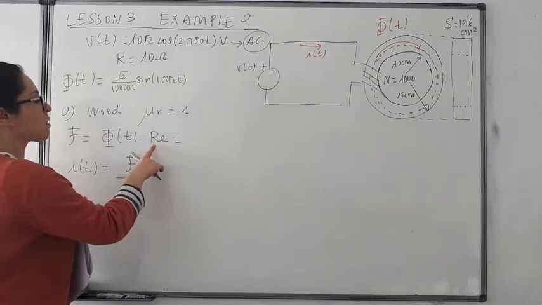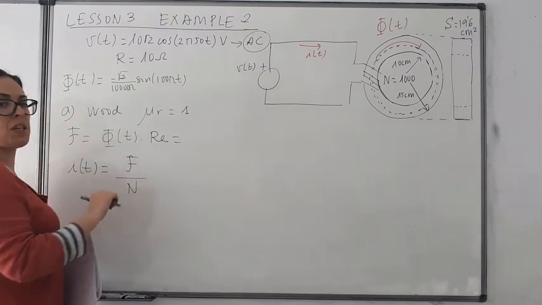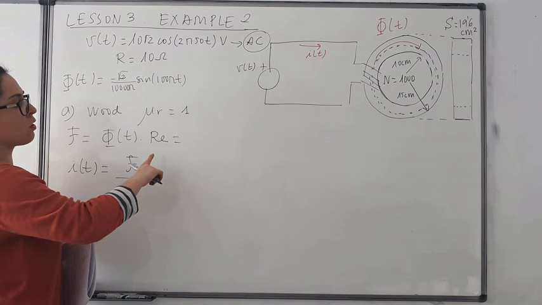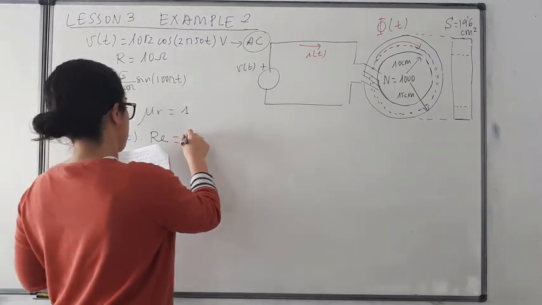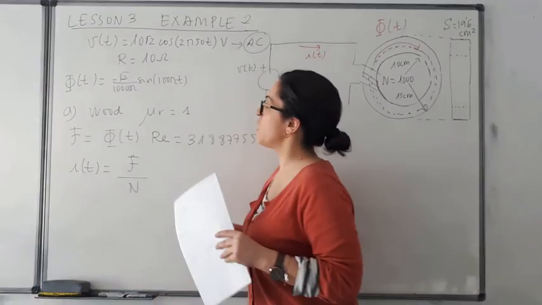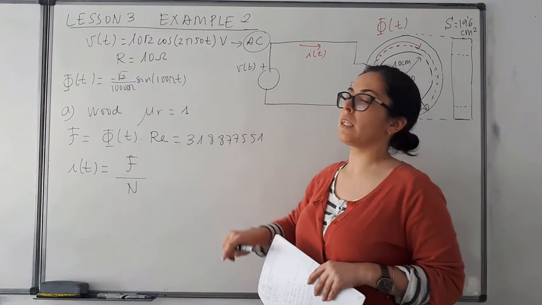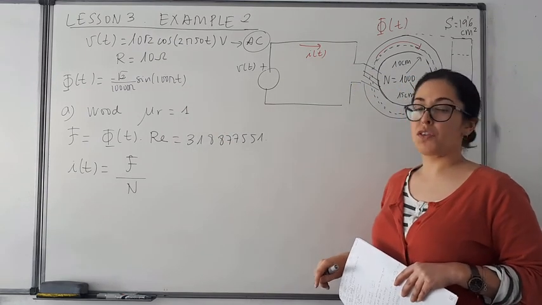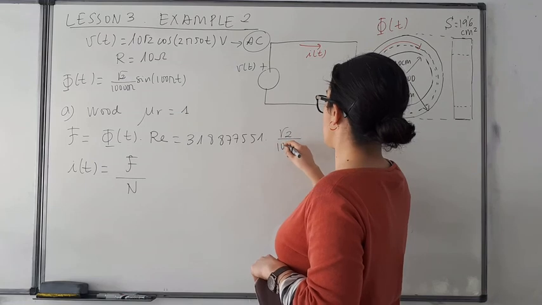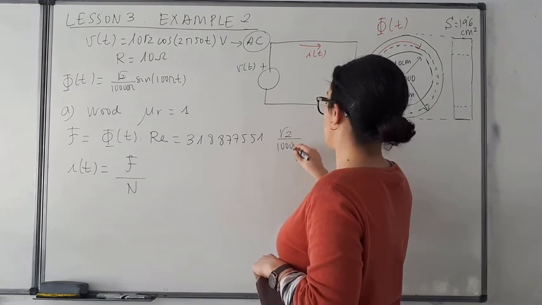So if you go back to example 1, the reluctance in the case of the magnetic core made of wood was this one. And you need to multiply that by the magnetic flux, which follows this sinusoidal wave.